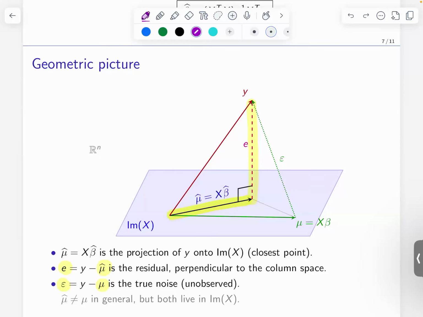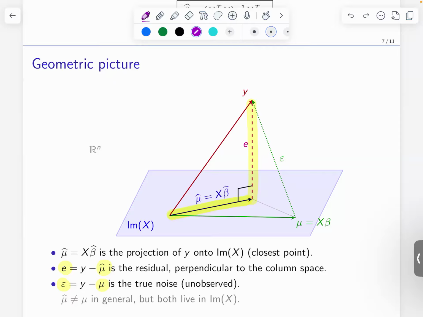There are a lot of things that could come to your mind if you contemplate this image, and you could try to answer them. This is one question, for example. E being orthogonal to mu hat is not enough. There are many cases you could construct, in particular with 1D projections, that do not give you the projection onto the whole image.